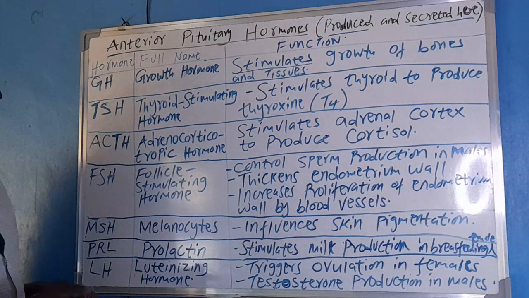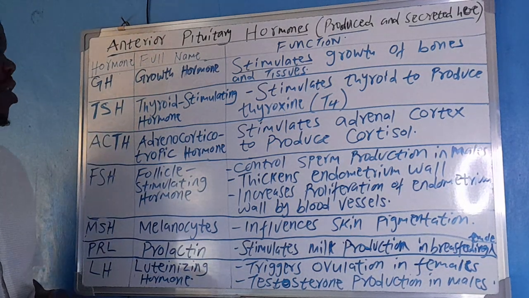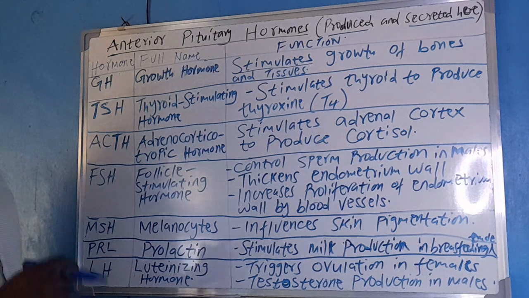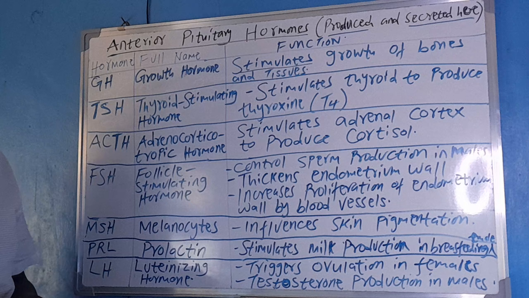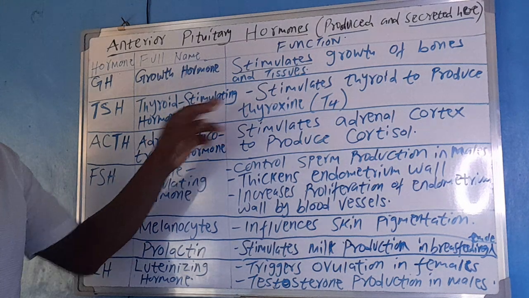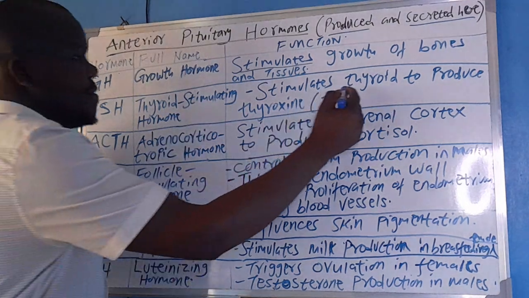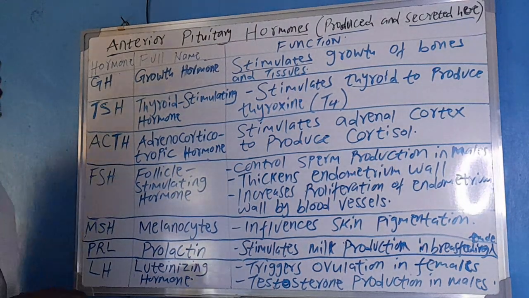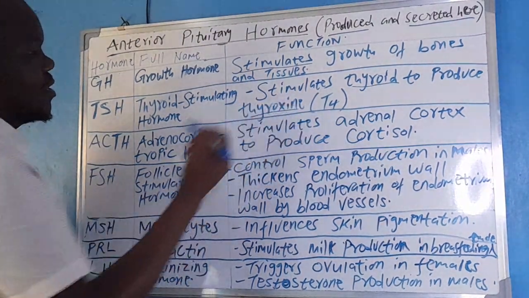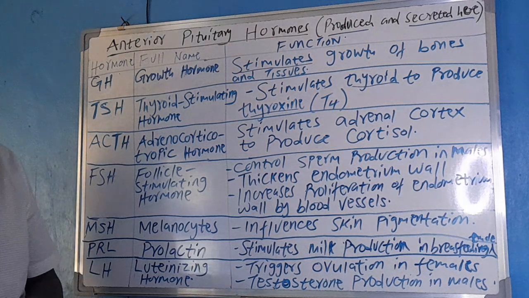We have the TSH, the thyroid stimulating hormone, which stimulates the thyroid, which is the gland, to produce and secrete the hormone thyroxine, by the T4 cells.